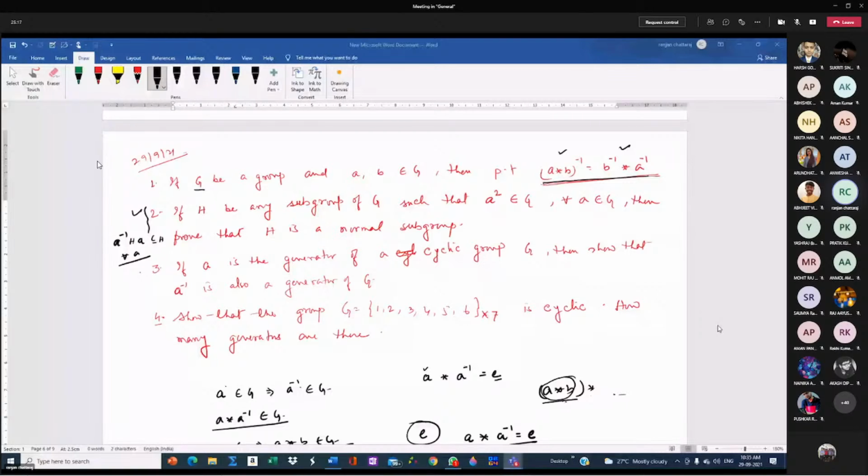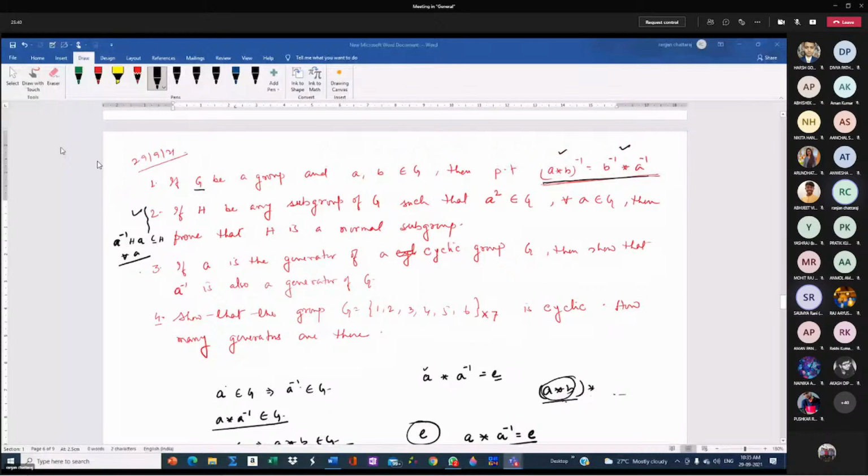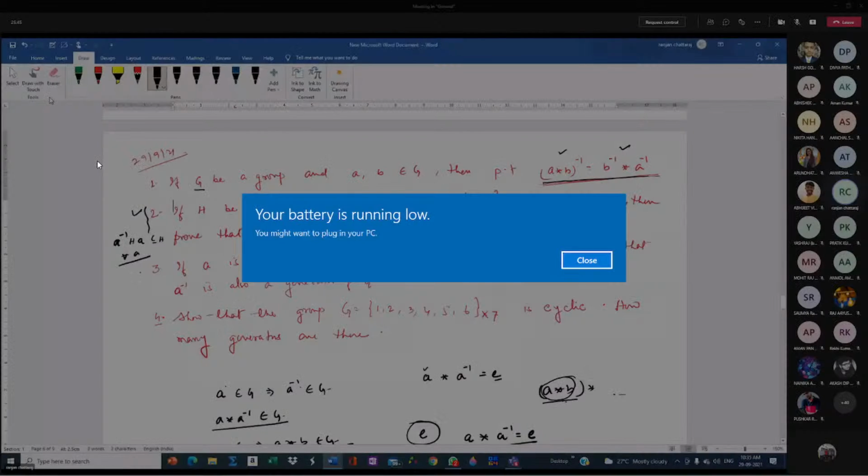What is the definition of a cyclic group? Each element of G can be expressed in the form A to the power R, where R is some integer. Integers, good.